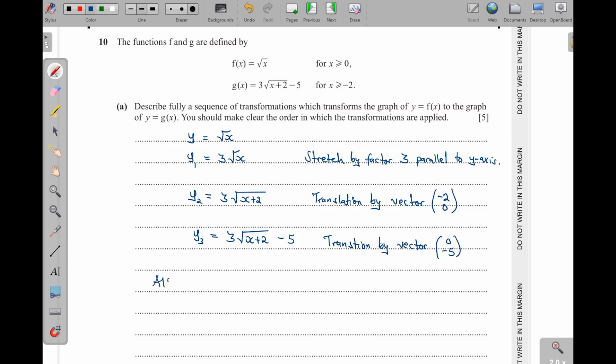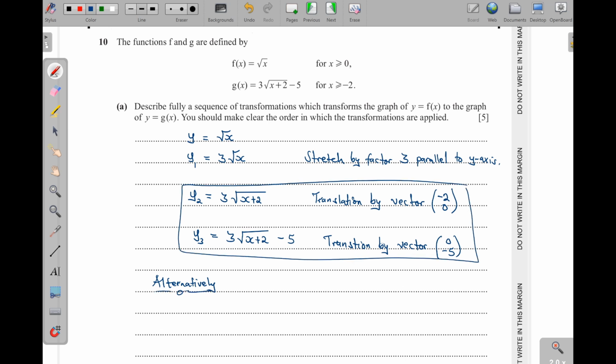Alternatively, we can have these two put together into one. You get it? These two will give me a translation by vector -2, -5.